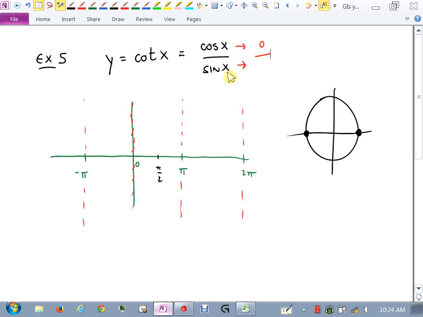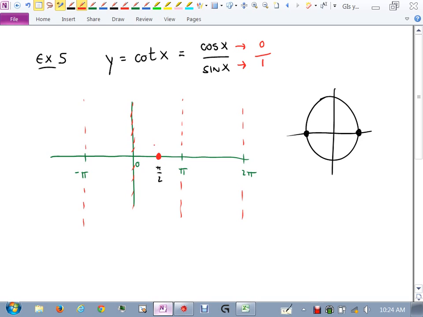What is sine of pi over 2? You go to the unit circle, you go to your y-coordinate, and you get 1. And so you get 0. So we have a 0 here, right? Well, it's looking very promising. That's going to look very much like tangent, right? Maybe it's going to drop down and go up.